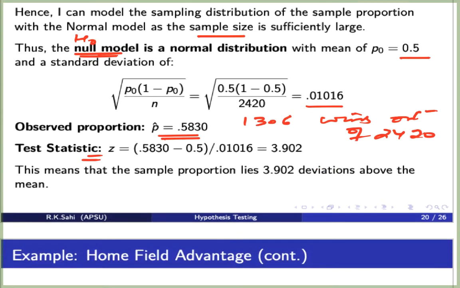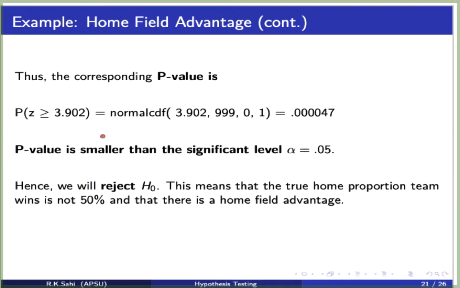To get the p-value, we just plug in the values, z greater than or equal to this, using normal CDF, and we get the answer. Clearly, it is very small compared to the significance level. It's about 4.7 times 10 to the power negative 5, or 0.0000 and a 4.7. Okay, so clearly the p-value is less than alpha, so we're going to reject.